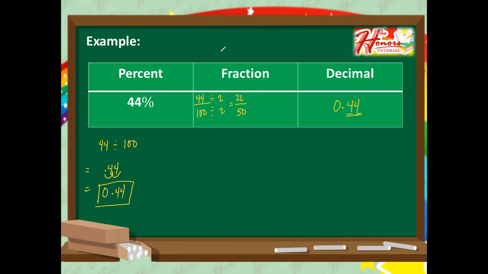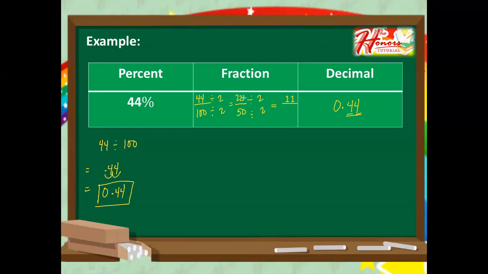Is it the final answer? No, it's not. Because there's still a number that can divide 22 and 50 at the same time without remainder. That's 2. So therefore, our answer is equal to 22 divided by 2, that's 11. And then don't forget the fraction bar. Let's have it here.